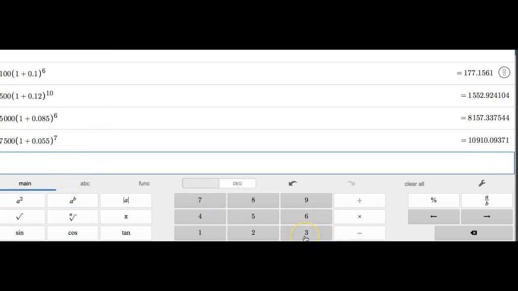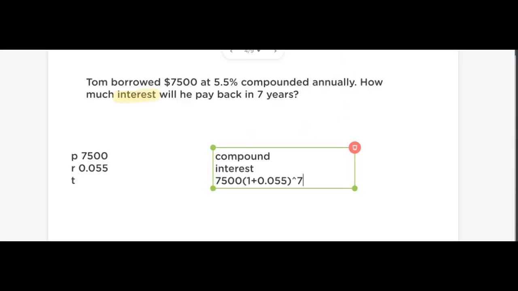All right, enter. So that gives me 10,910, and that's 9 cents. Back to Class Kick. That was 10,910.09.